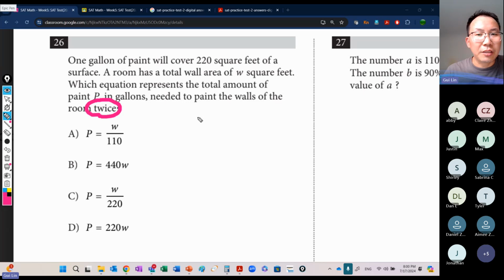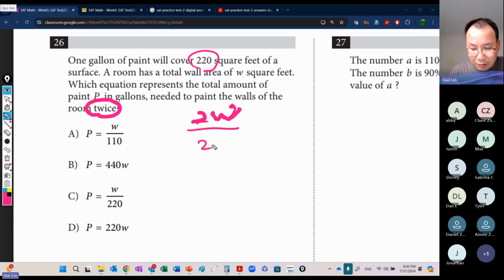Twice means the total area will be 2W, right? So each gallon can cover 220. The 2W divided by 220 is the total paint required. Let's simplify.